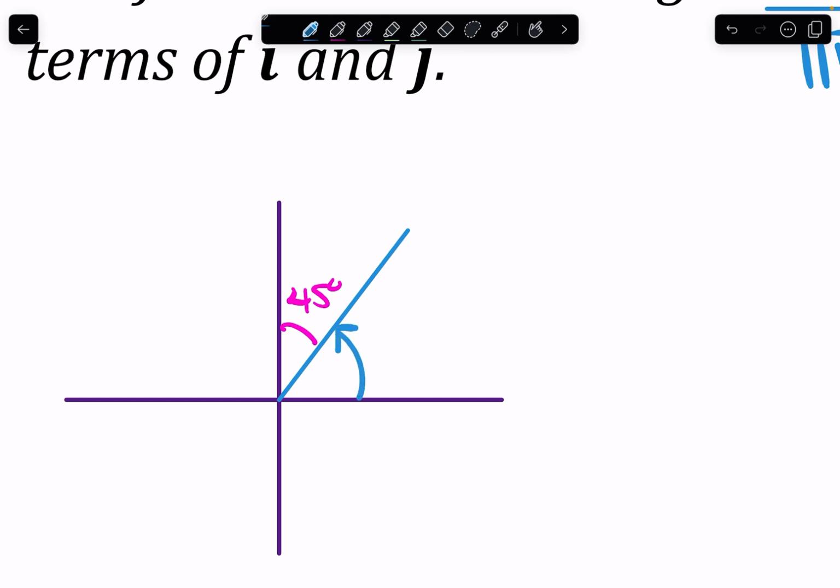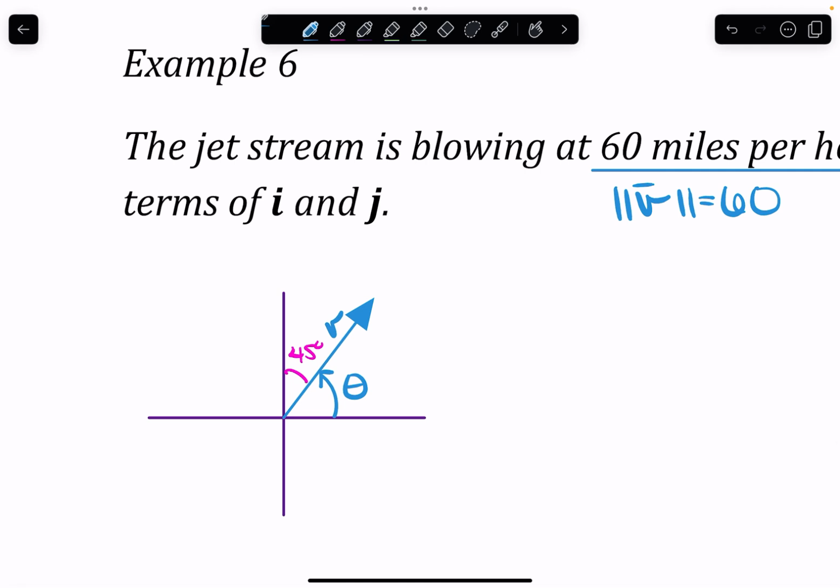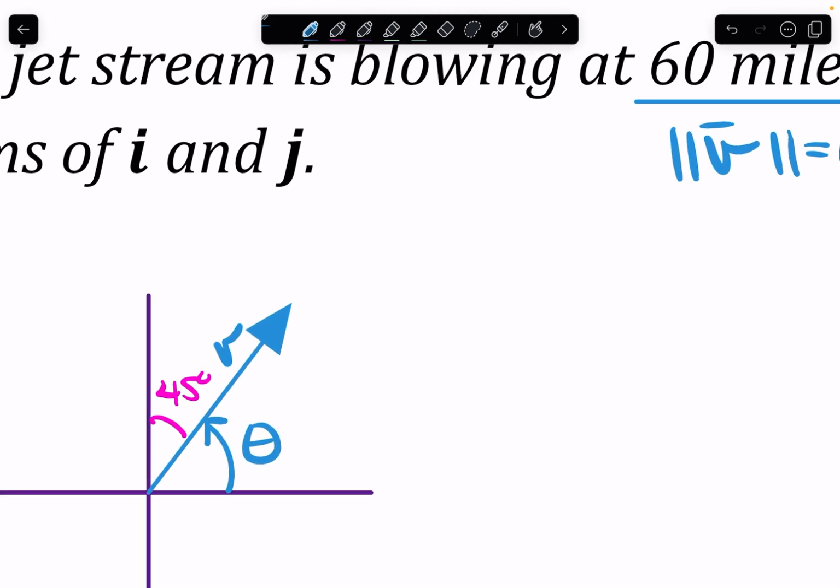Make sure the angle you're expressing it in is drawn in standard position. So that is the theta we are worried about. And then this right here is our vector. I guess I should put an arrow on it. That looks pretty straight. All right, so to get this expressed in terms of i and j, we know our theta, because that top angle is 45, I know my theta is also 45 degrees.